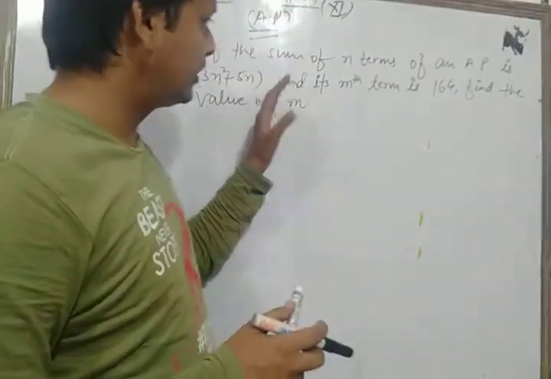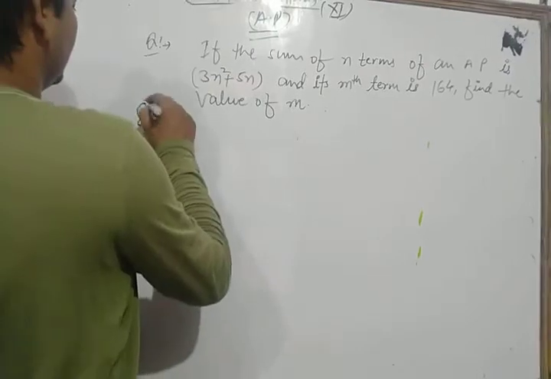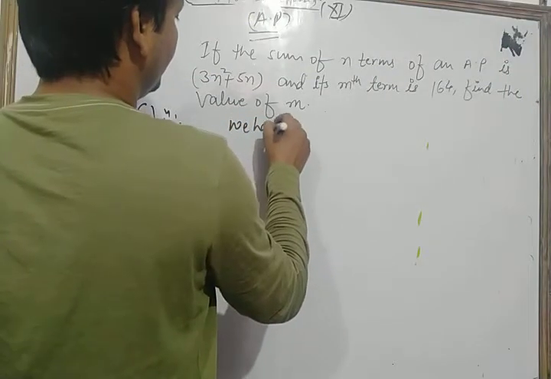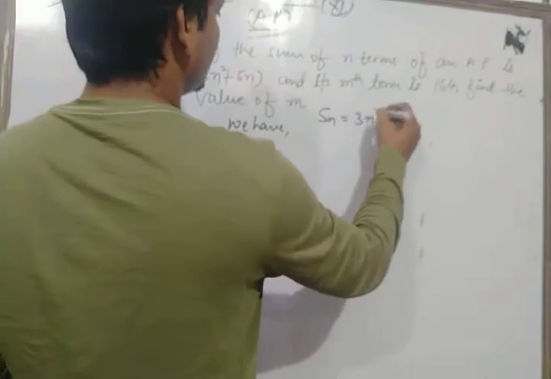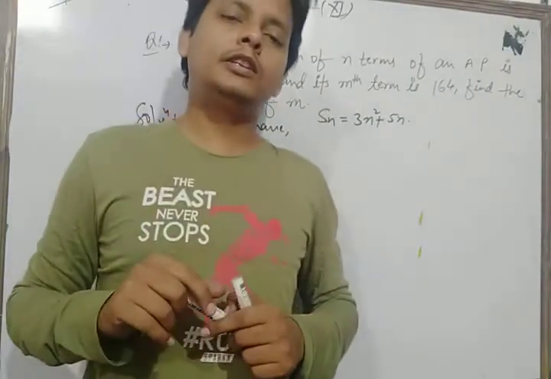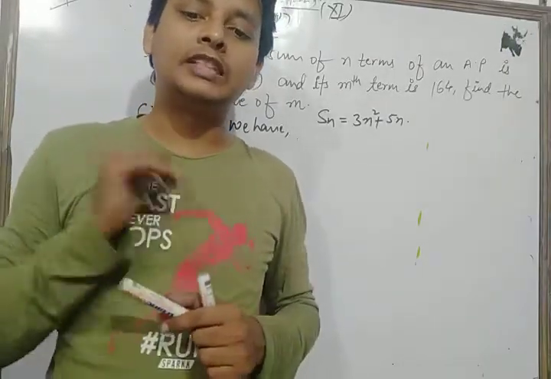Please see that question. Let's see its solution. Dear student, first of all we write the nth term of an AP. We have the sum of n terms of the AP as 3n square plus 5n. First of all we find the nth term of this AP.